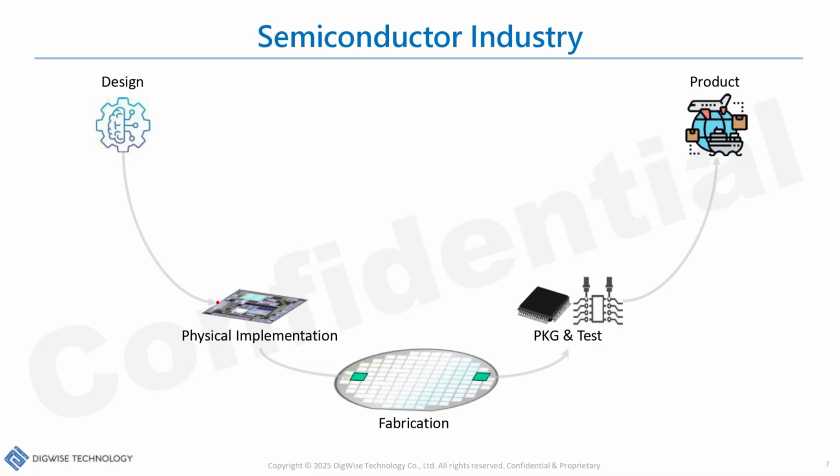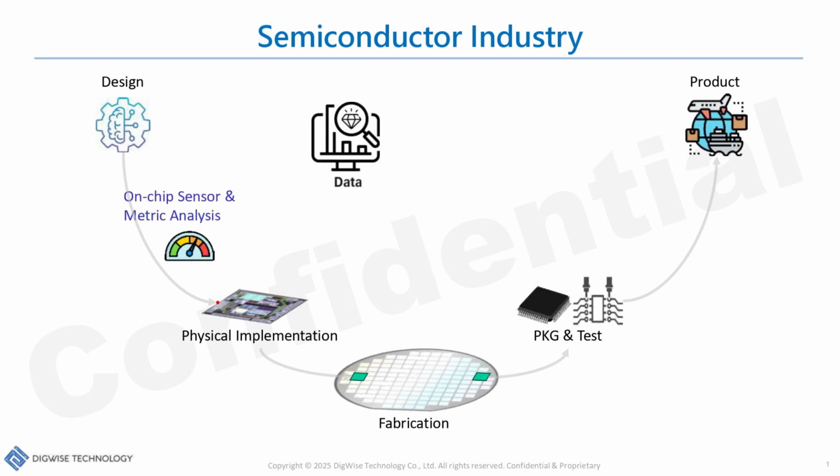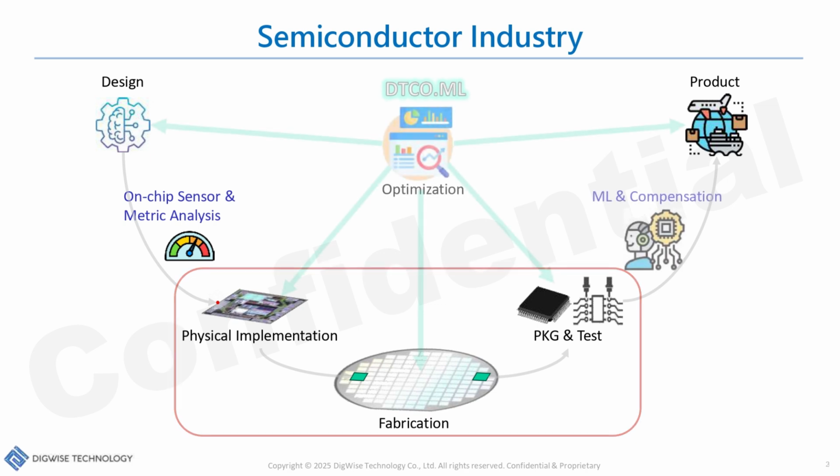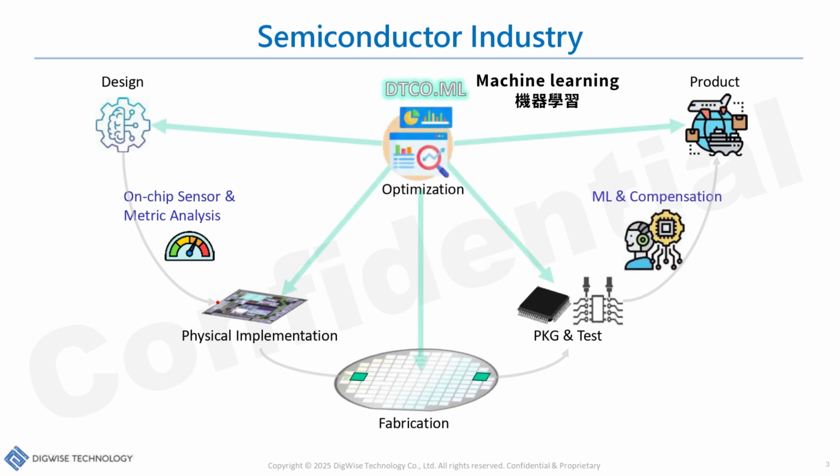Returning to our U-Net diagram, we begin with component data, sourced from sensors embedded in the design. After integrating real-world testing data, this information flows through three phases of traditional mass production. With this data, combined with large-scale chip monitoring and machine learning, DTCO ML utilizes cross-dimensional analysis to optimize chip yield and energy efficiency.